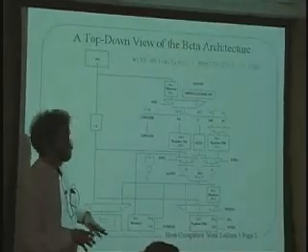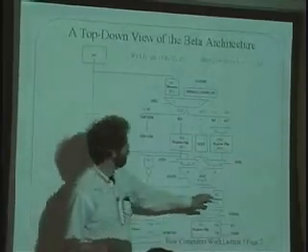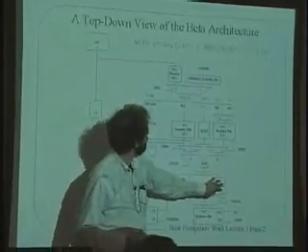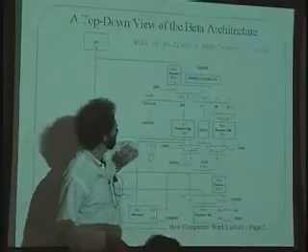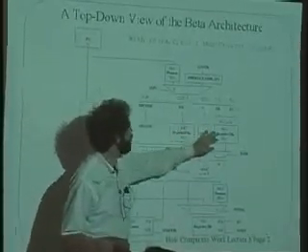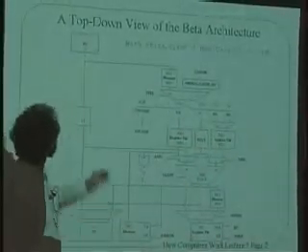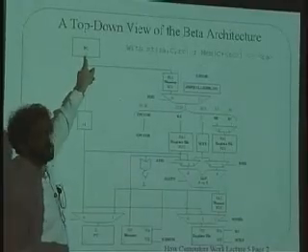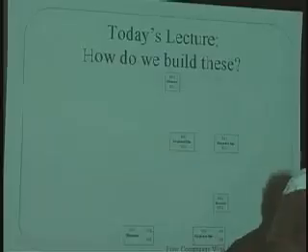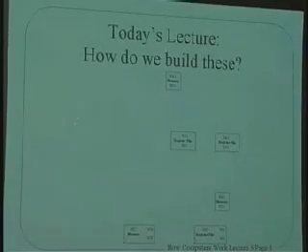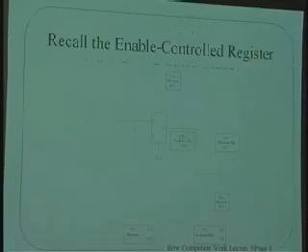And then there were a whole bunch of read ports, both to the big slow memory, and also to the register file, and also from the program counter. So today we're going to concentrate on the memories, and really how we build those particular things.